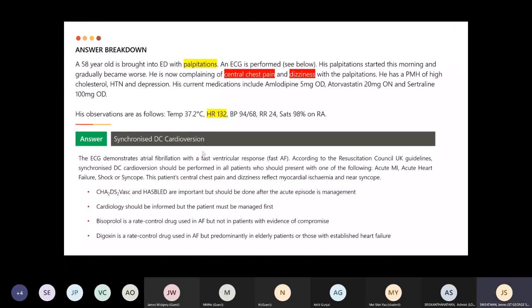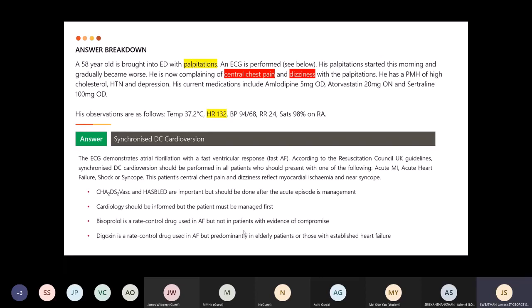So the key thing here is palpitations, AF with a fast ventricular response rate, central chest pain, and dizziness. So that should set off alarm bells in your head, because anyone who's got a cardiac arrhythmia, who's got symptoms that correlate with ACS or syncope, should alert you that this is probably compromising their cardiovascular state.